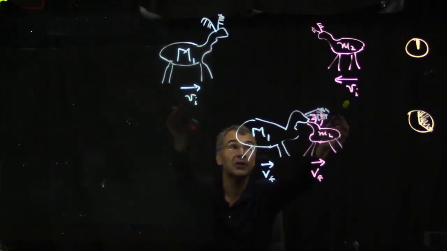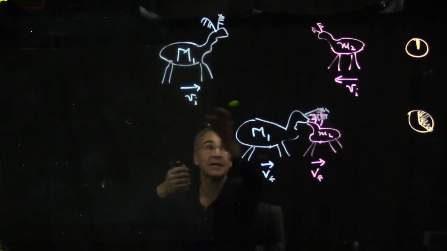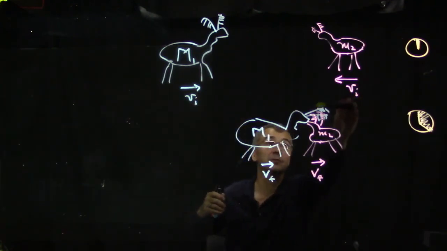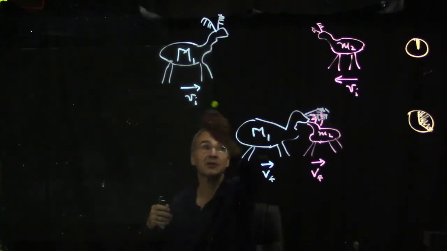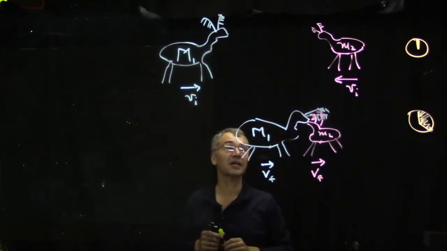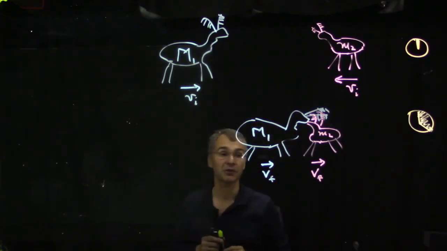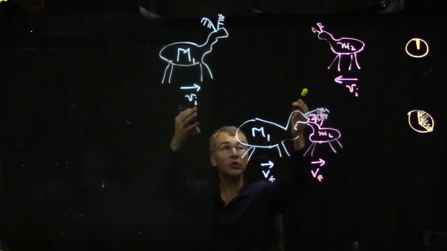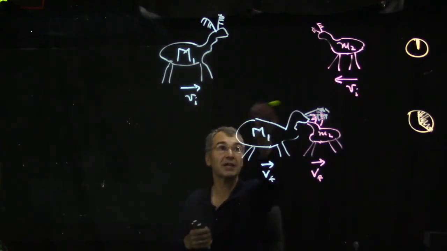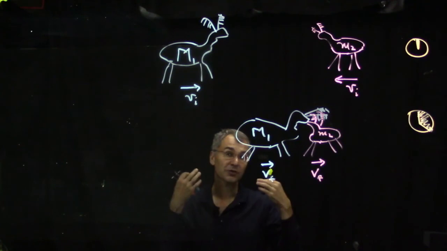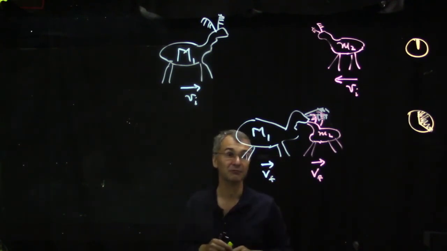Well, this moose's momentum to the right is bigger than this moose's momentum to the left, because it's the same speed, but the big moose has a bigger mass. So the total momentum of the moose plus moose system points to the right in this initial state. Therefore, the total momentum of the moose plus moose system will point to the right in the final state.